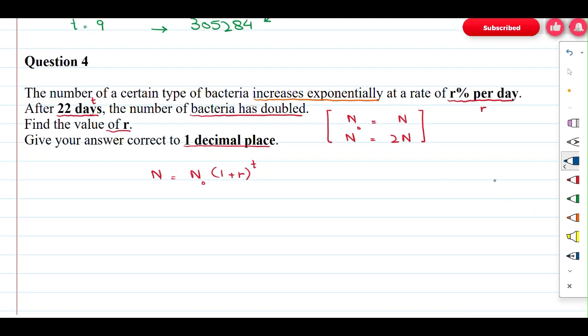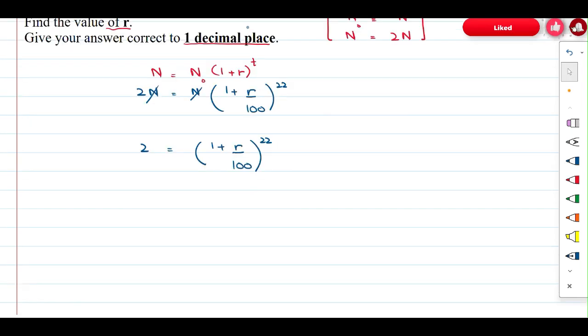Let me write this down. This is 2 times N, this value is N, and this is 1 plus r percent, and the t value is 22 days. This N and this N cancel out. We are left with 2 equals (1 plus r over 100) to the power 22, right?